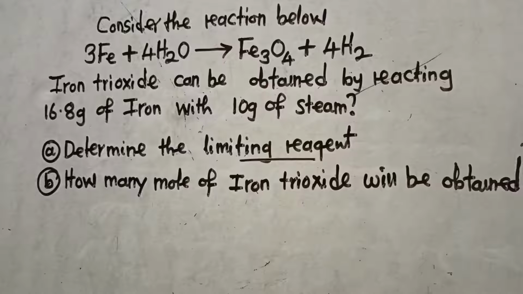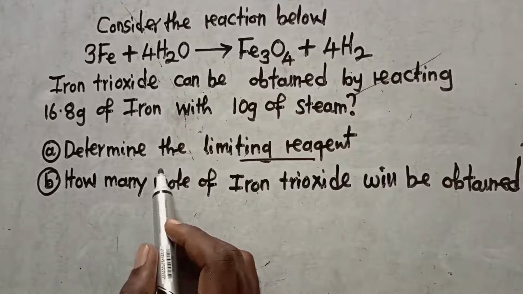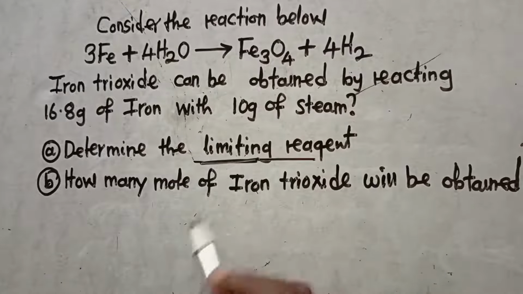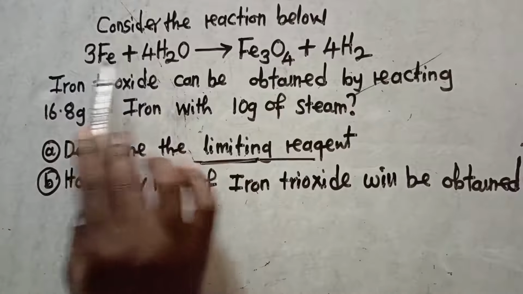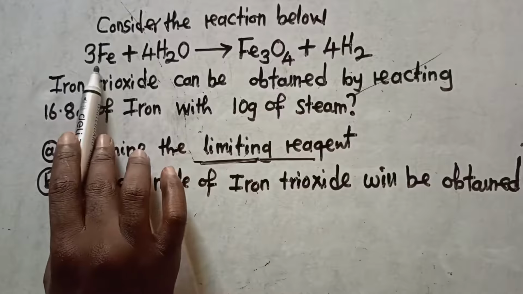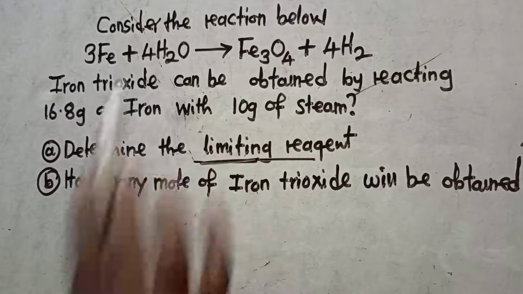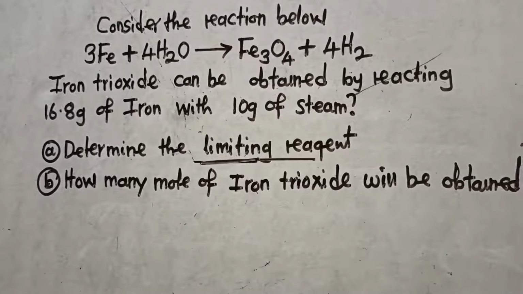But in this case, they want you to tell them whether the limiting reagent is this one or that one. We only have two of them, iron and the water, which is steam.